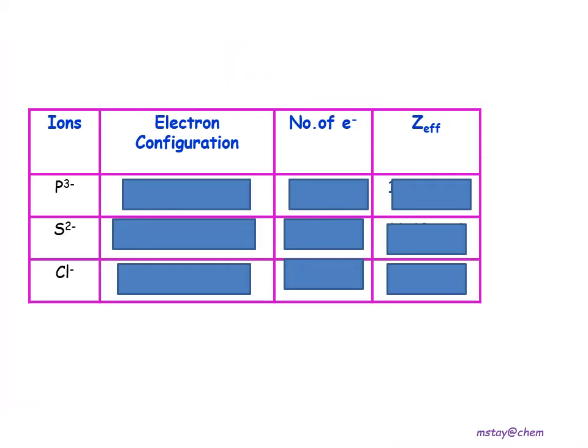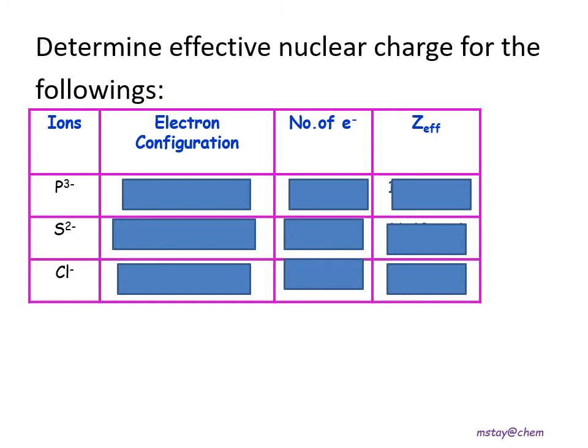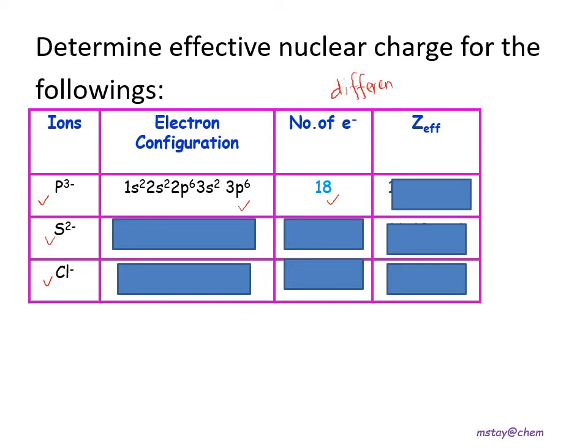After comparing the atoms in period 3 which can form cations, now we also want to compare the atoms in period 3 where this time they become anions. Same case as well: phosphorus, sulfur and chloride ion. We write down their electronic configuration, and we notice that it is up to 3p6 while they have 18 electrons, which is different from cations.